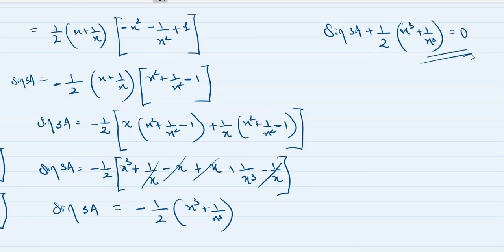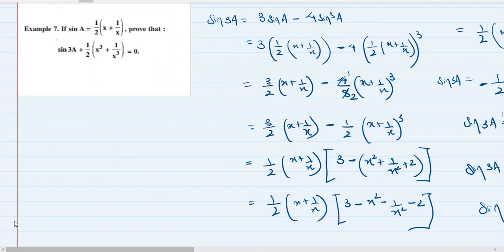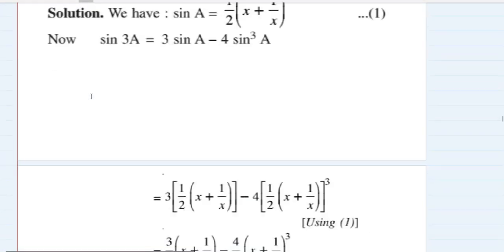That's what we wanted to prove. Okay, easy, little bit of algebra, but for the first time we used the identity of sine 3A, which is equal to 3 sine A minus 4 sine cube A. Let's go to the next question.